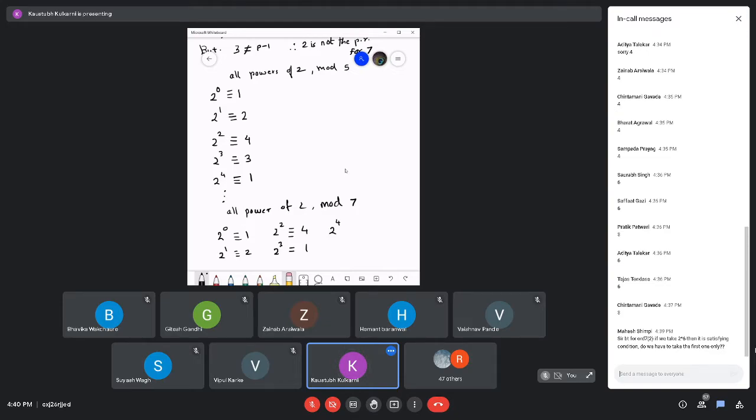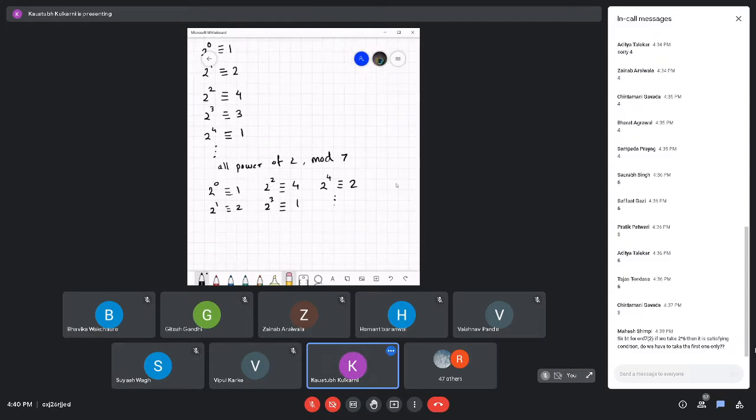So 2 raised to 4 will again be congruent to 2 and so on. So as you can see, only 1, 2 and 4 were generated.